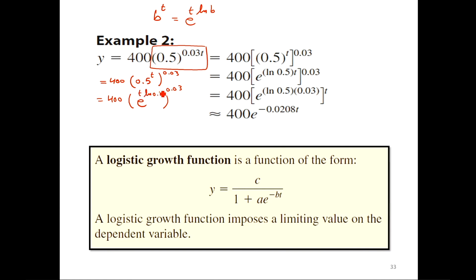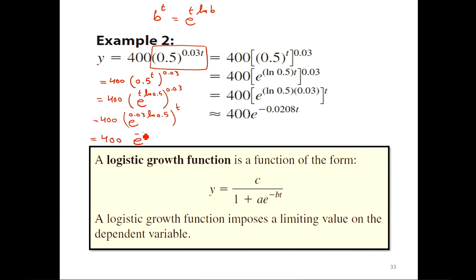Now swap t and 0.03, so we have 400 e to the power 0.03 ln 0.5, all to the power t. Now multiply 0.03 by ln 0.5, and you can calculate it by calculator.